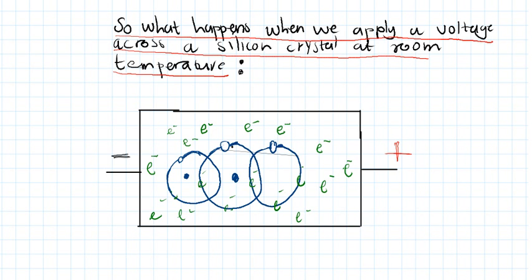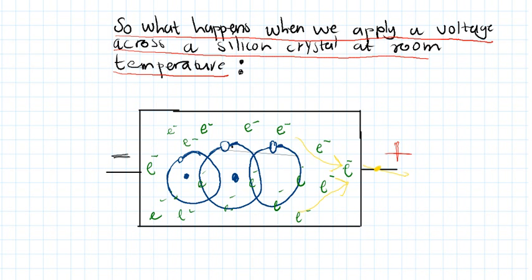So if we apply a voltage, the electrons will be attracted to the positive terminal of the battery, assuming we have connected a battery across the silicon crystal. They will move into the copper and flow much more easily, because it's much easier for electrons to flow in copper than in silicon.